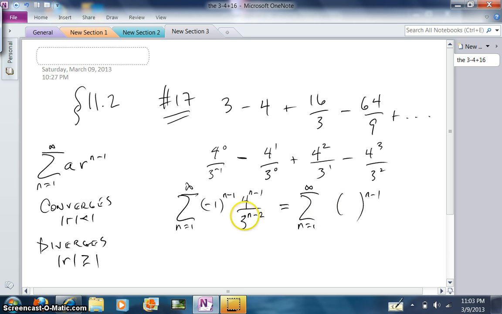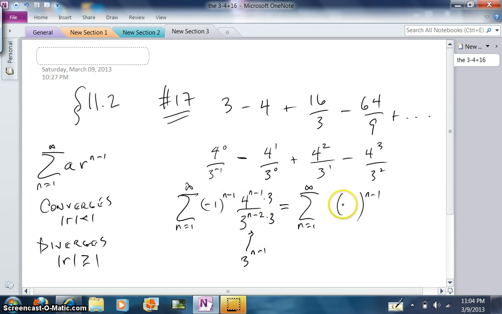Now how am I going to get that? Well, I'd like these exponents to all match up. Then I could put them all in one term. So I see this 3 is the odd man out, so I'm going to multiply 3 top and bottom here. That makes this become 3 to the n minus 1. So now every term here, and there's an extra 3 up here, but this 3 gets incorporated and it becomes 3 to the n minus 1.